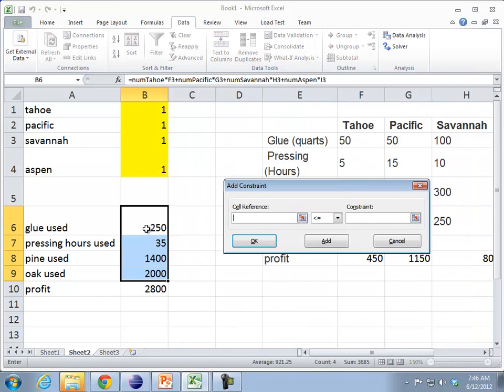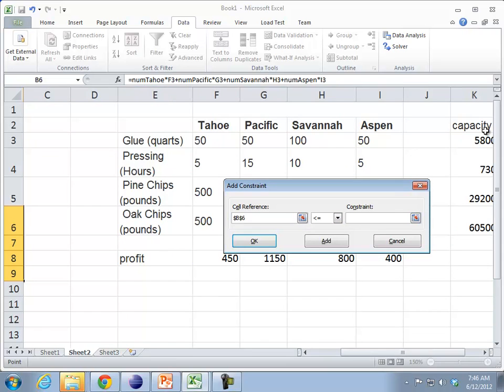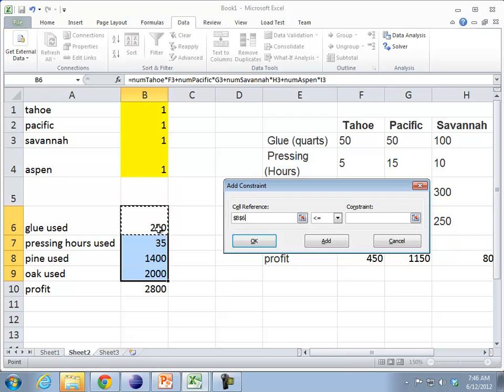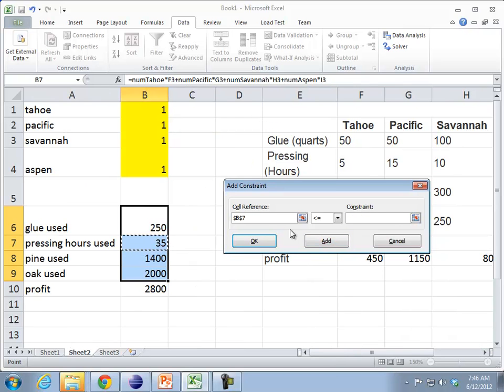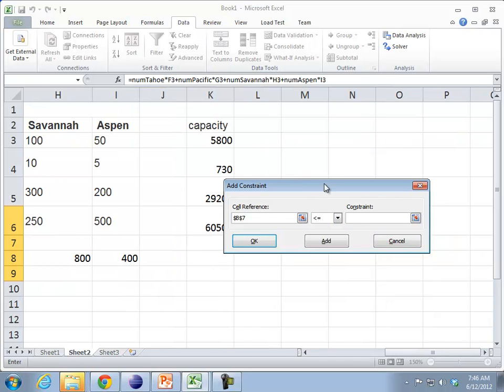So first, we're going to say that glue used is less than or equal to our glue capacity, right? So that's glue used is less than or equal to glue capacity. Then pressing hours used is less than or equal to pressing hours capacity.